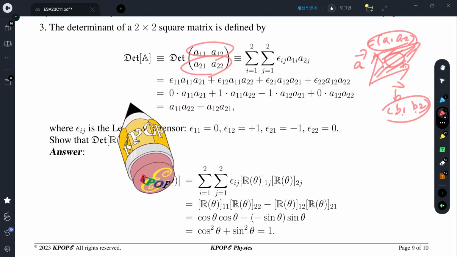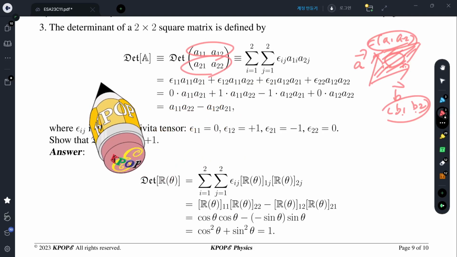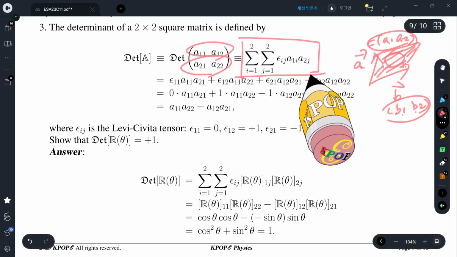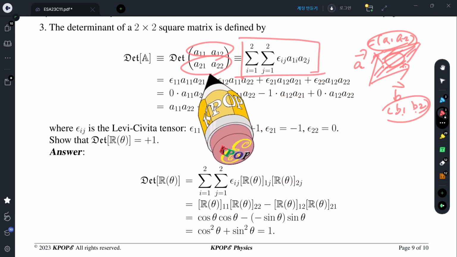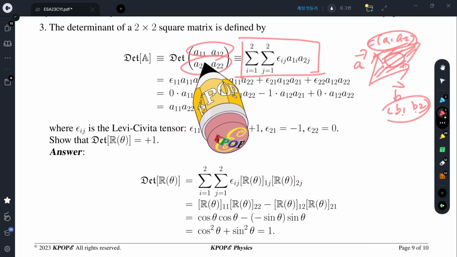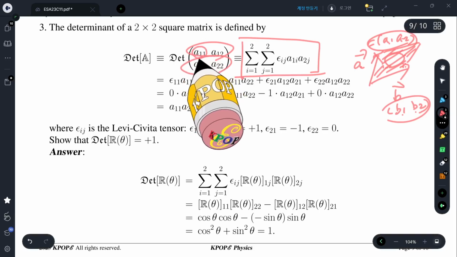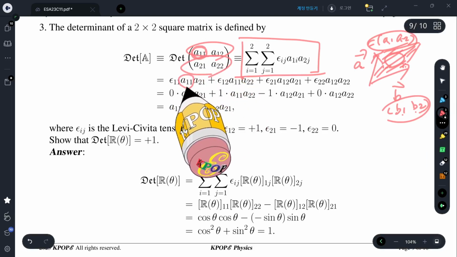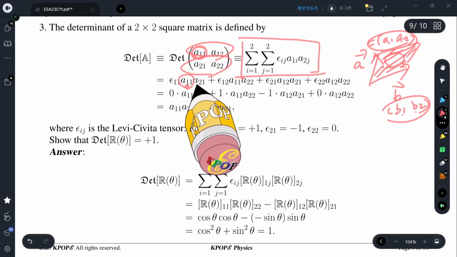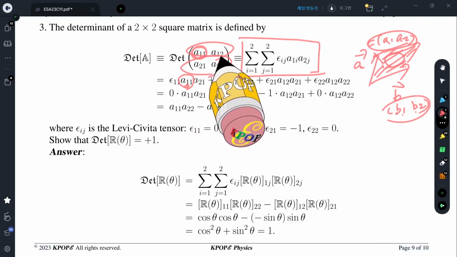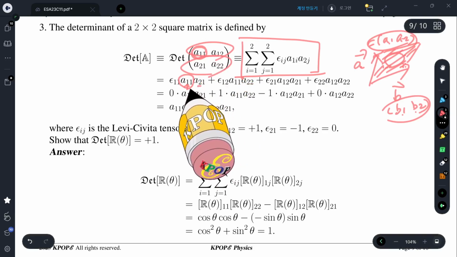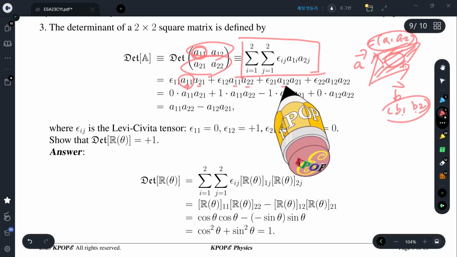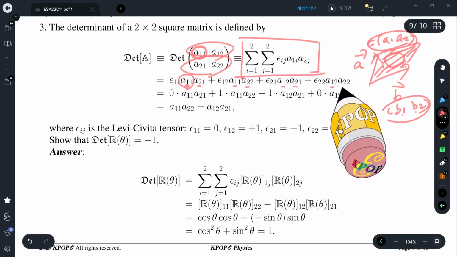Okay, in the 2x2 case, the determinant is defined by this complicated expansion, and we have coefficients. First, we choose one element from the first row, and another element from the second row, and we find 1, 2, 1, 2 in every term.